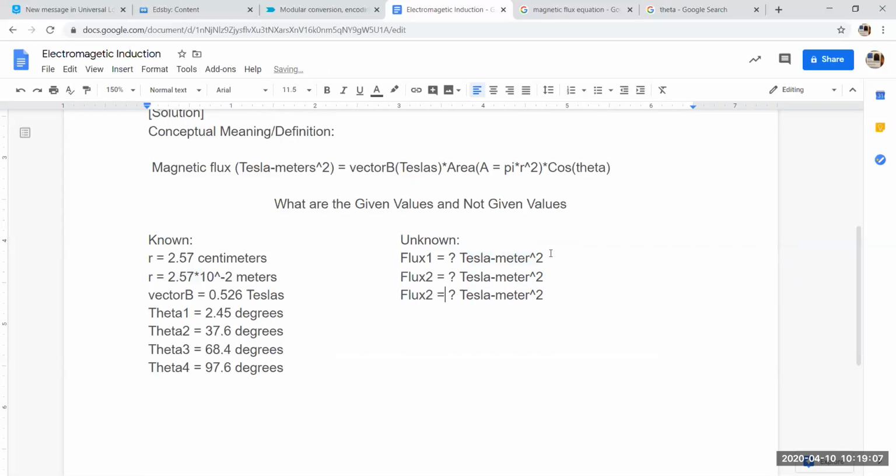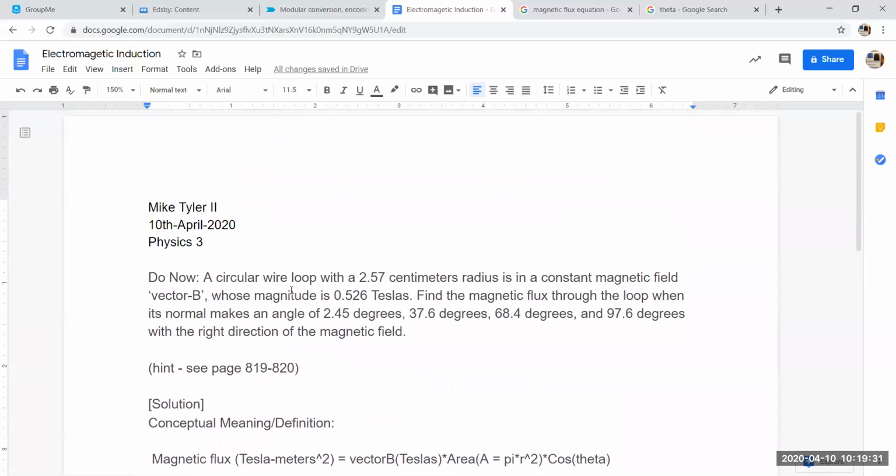And that'll be our flux 3. And we gotta do that one more time for our flux 4. All right, so this is 4 calculations. This is why this problem is a lot of credit.